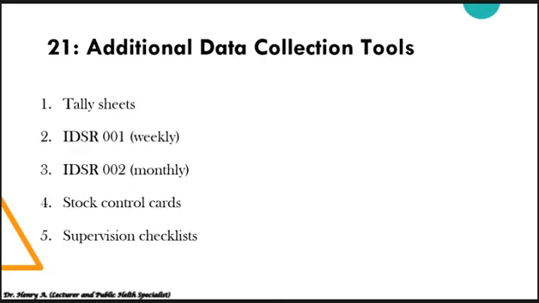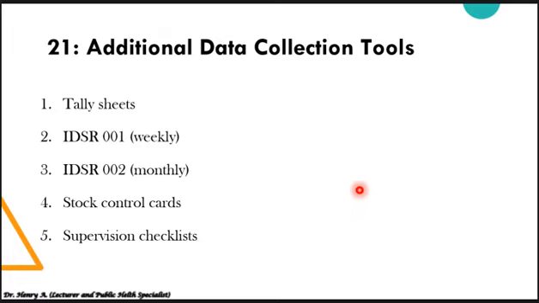Now let's see additional data collection tools. Like we discussed in part 1, we talked about tally sheets. We talked about the IDSR, which is weekly. We have talked about these other ones, which are monthly: the stock control cards and the supervision checklist.